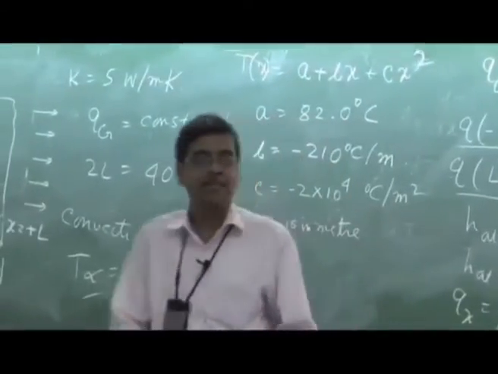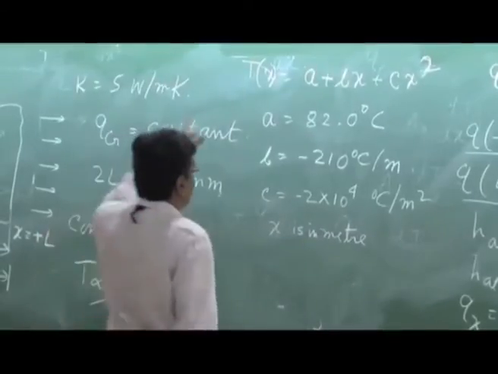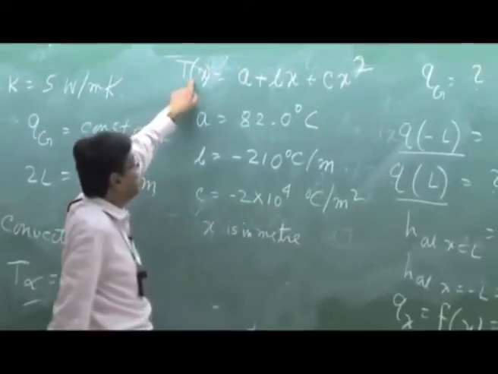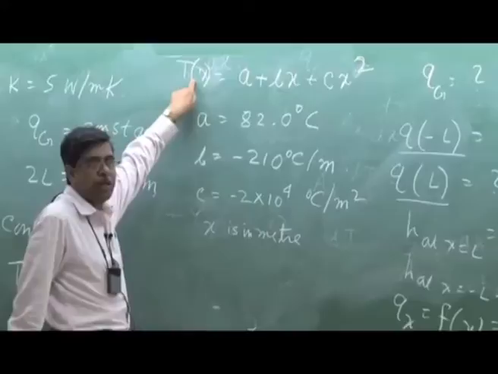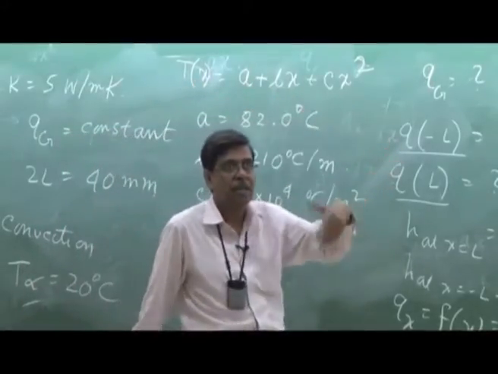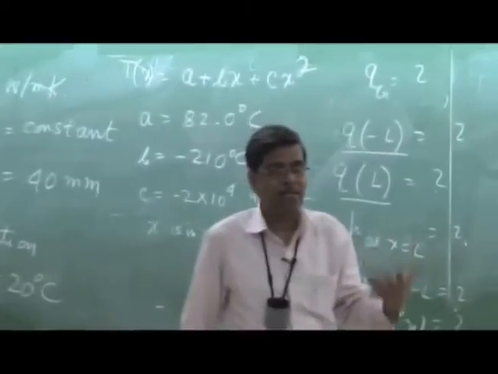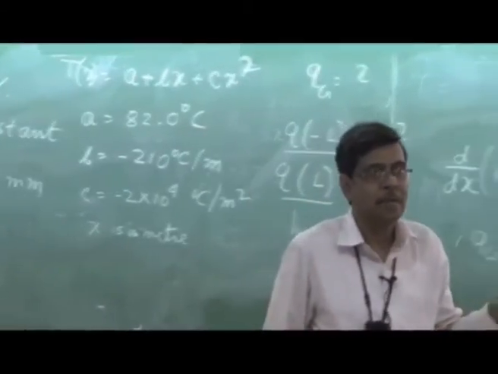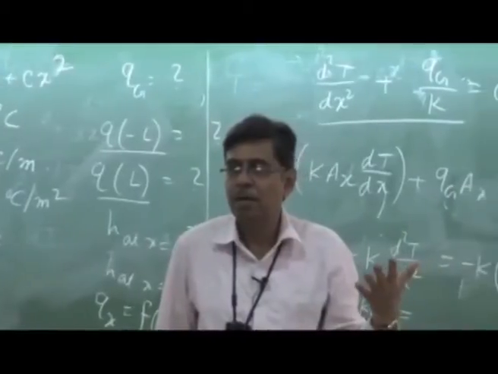And next is the heat flux distribution. Heat flux distribution is very simple. Heat flux is minus K dT/dx. So simply multiply dT/dx, that is B plus 2Cx. K is constant, that means heat flux is linear. Okay?